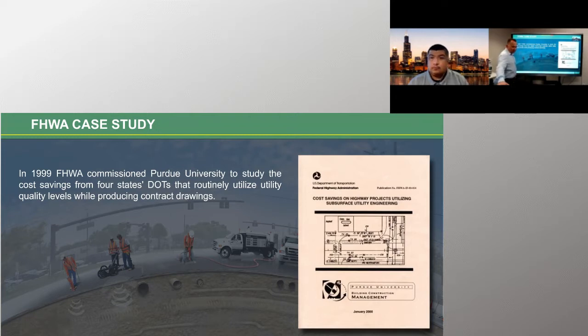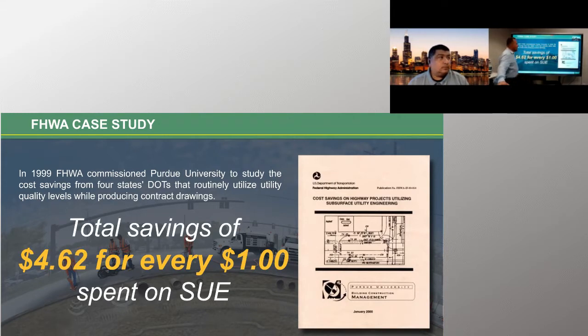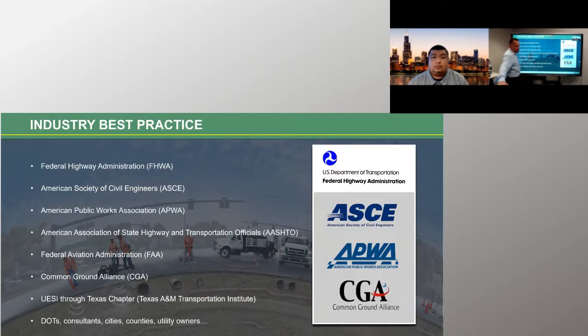After the study was concluded, overall, it was determined that for every dollar spent on SU, you save approximately $4.62, which is an astronomical figure if you take into account $1 billion worth of cost for a project. Since then, it has become an industry best practice. SU has been adopted as a best practice approach by various administrations, societies, municipalities, consultants, utility owners, and DOTs.